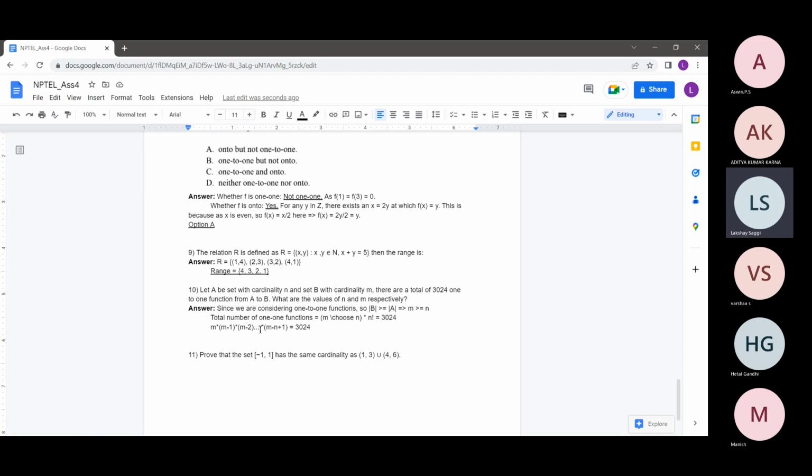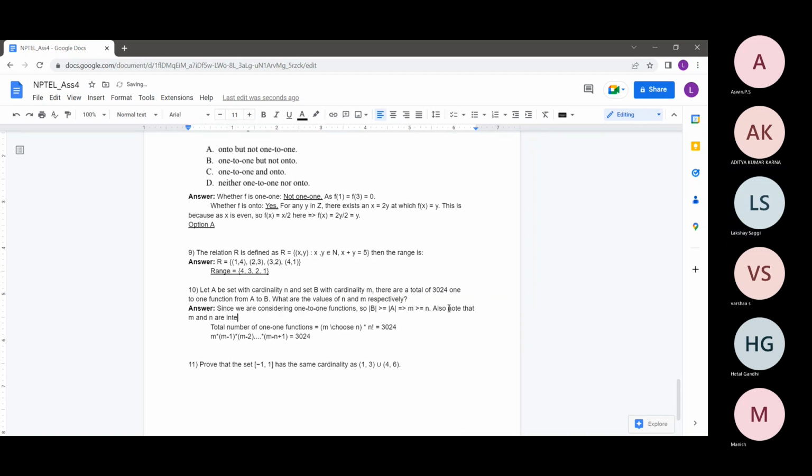Now m and n also are integers, since cardinalities of sets are integers, so note that m and n are integers here. This integrality is why we can get some unique values for m and n.